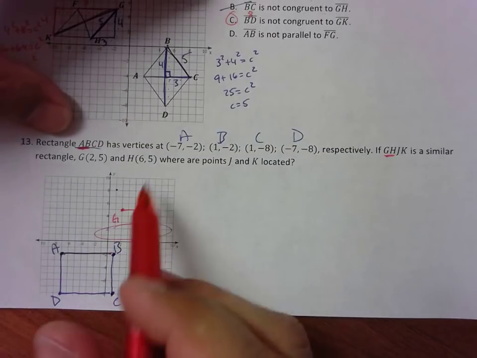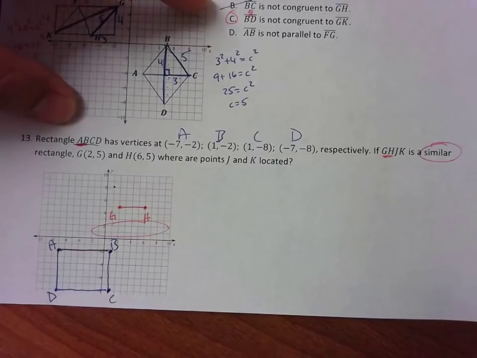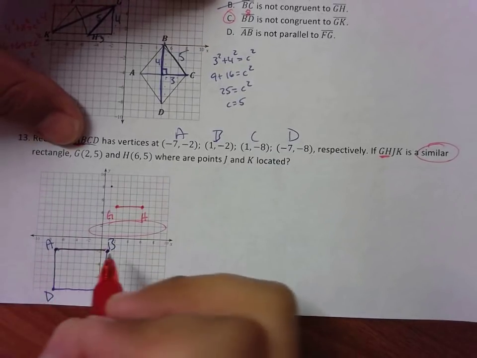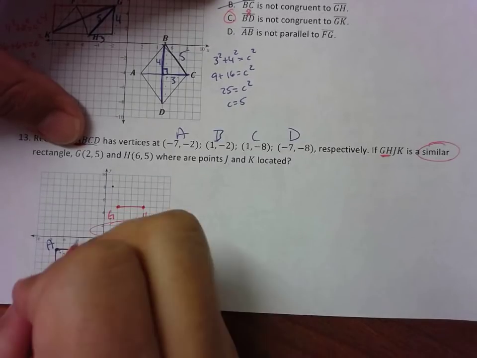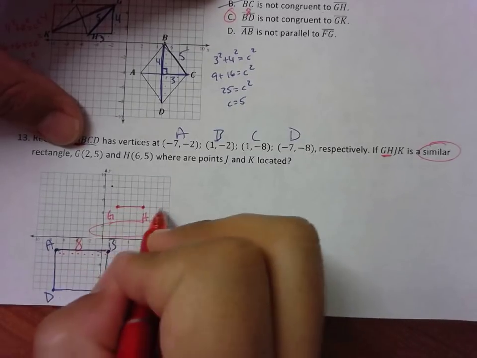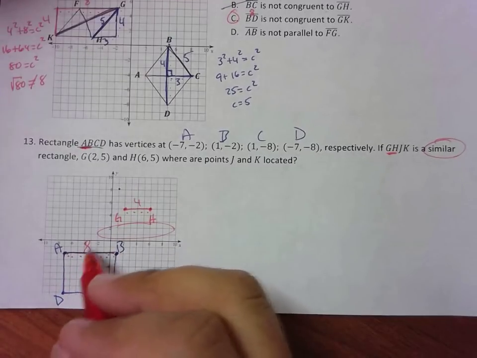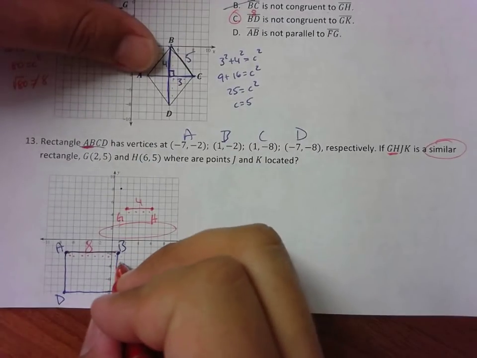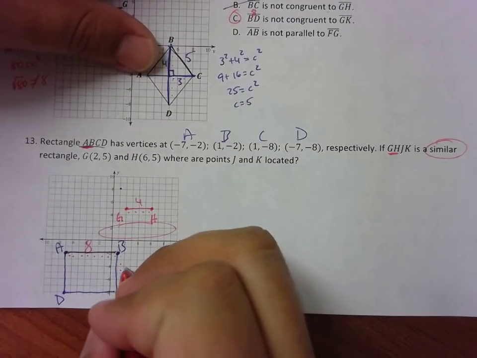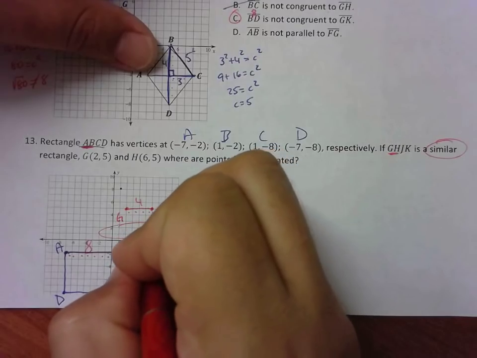It says that it's similar, so that means it has to be proportional. AB is 1, 2, 3, 4, 5, 6, 7, 8 units long. GH is 1, 2, 3, 4 units long. To get from 8 to 4, you just divide by 2, which means BC, 1, 2, 3, 4, 5, 6, divided by 2 is 1, 2, 3.